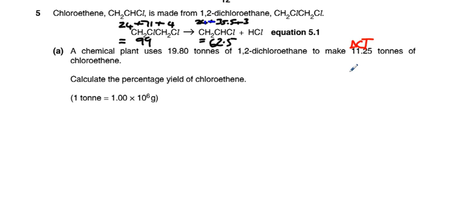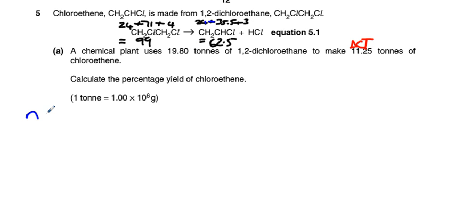Now what we need to do first of all is calculate, theoretically, if I have a particular number of moles of this, ratio of 1 to 1, I should make a particular number of moles of that. So my first job is to calculate the number of moles here. I've got the MR, I've got the mass.